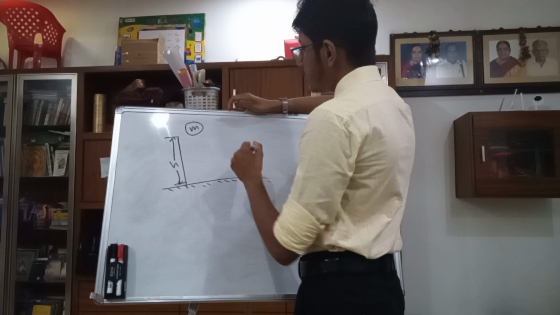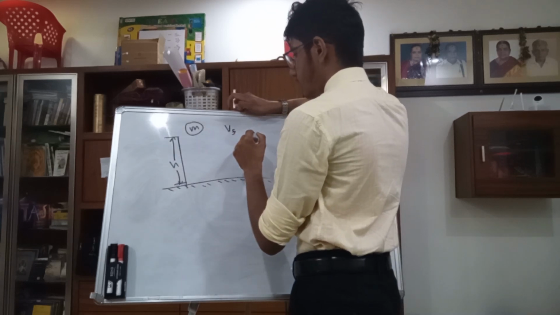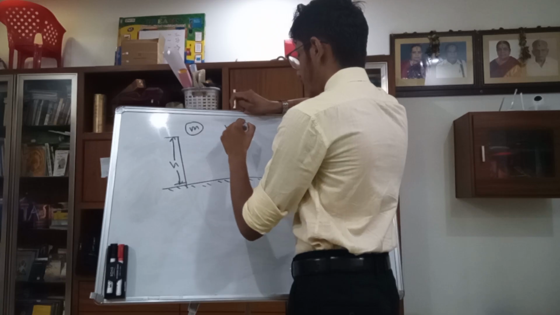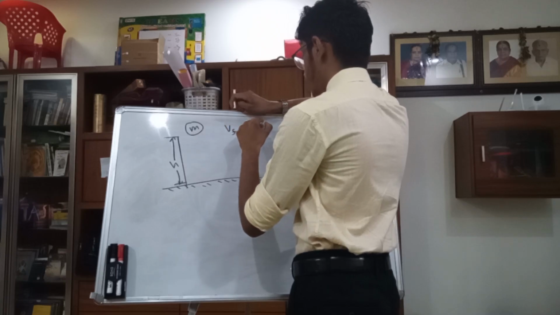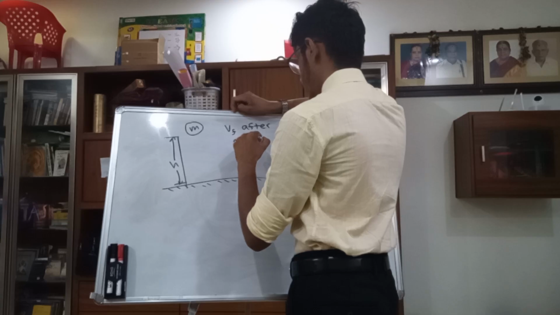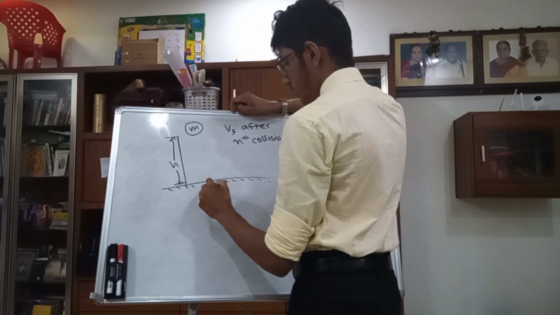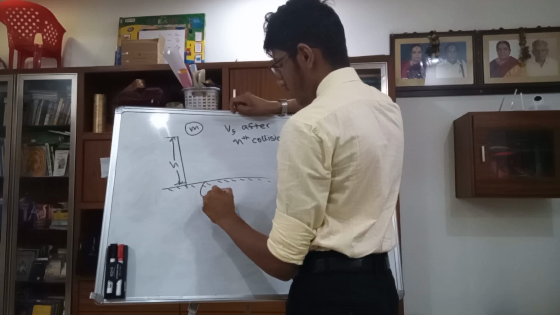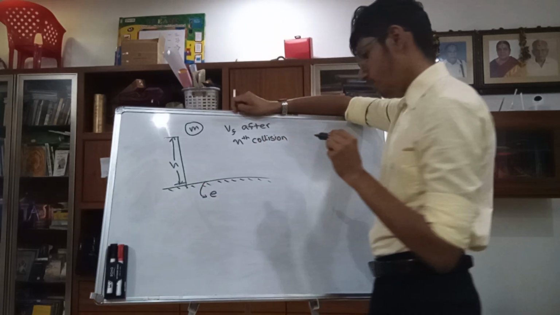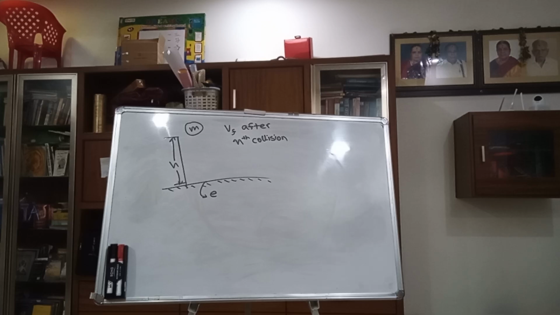Find the final velocity of the particle after the nth collision, such that the coefficient of restitution here is given as e. Fine. Now tell me, how to find it?